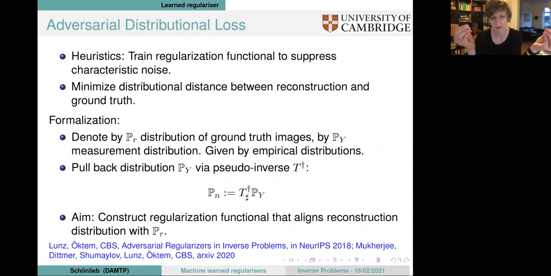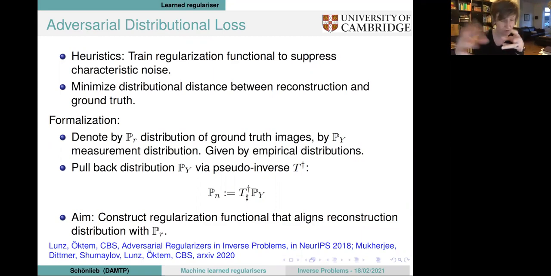And on the other hand, I want to tell the regularizer that it should suppress noise or characteristic artifacts of my inverse problem. Very roughly speaking, and I'll show this in a second, we do this by optimizing the regularizer to be large for these noise and artifacts, and to be small for the kind of structures that I want to see in the solution.